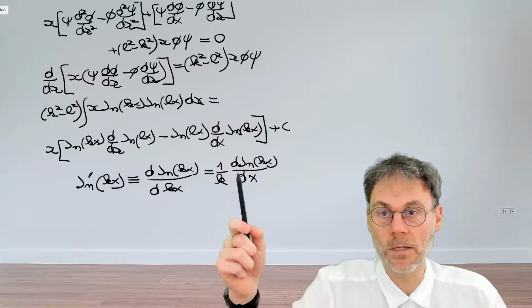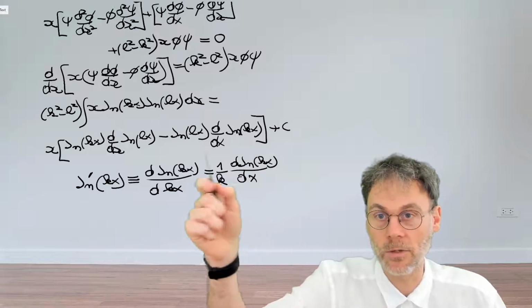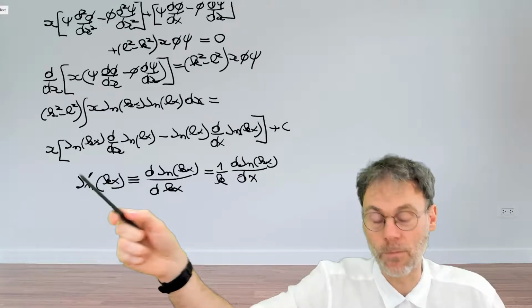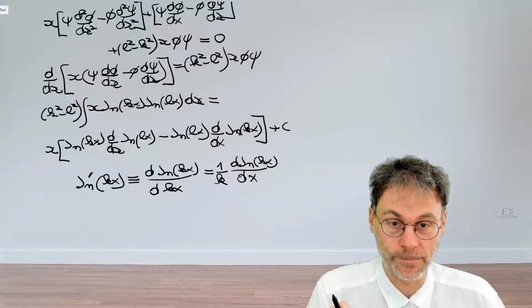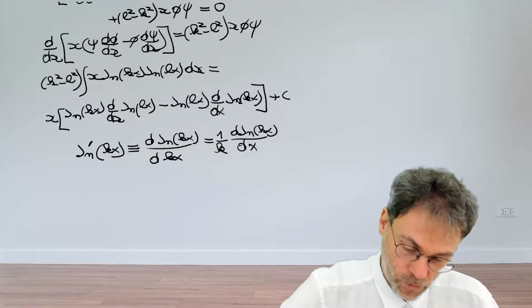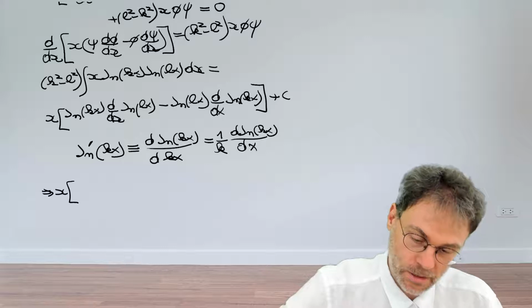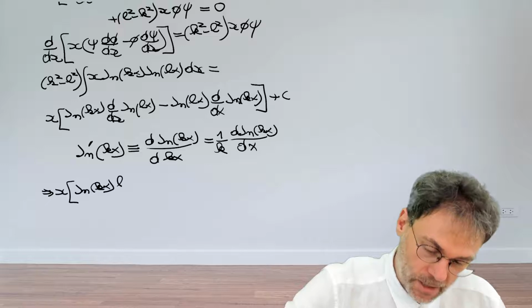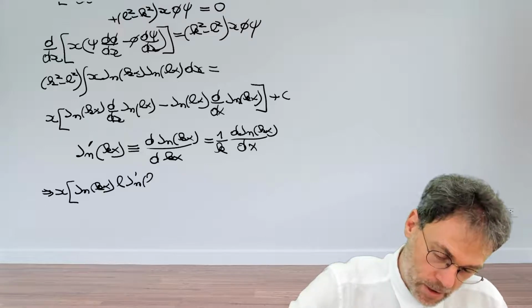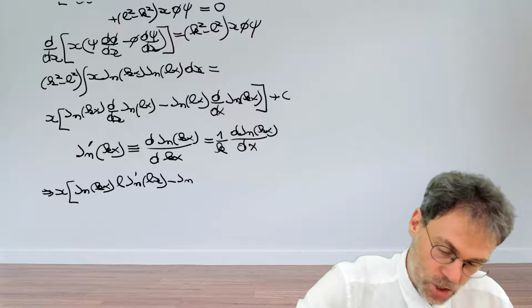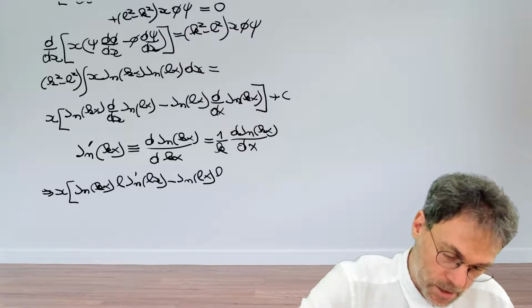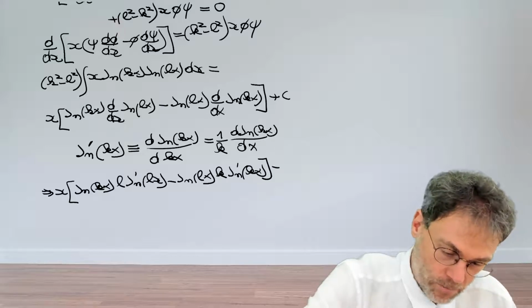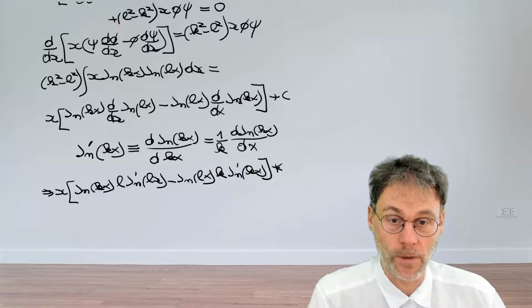So if we need to replace dJ_n(kx)/dx, like the terms we have here, that means that it can be replaced by the prime notation, but we multiply by that scaling factor over there. So if we do that, then we get for our integral, we have x, then we have J_n(kx), and then we have L J_n prime(Lx) minus J_n(Lx) k J_n prime(kx). Okay, plus our friend the integration constant.